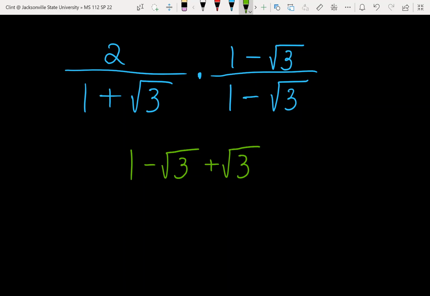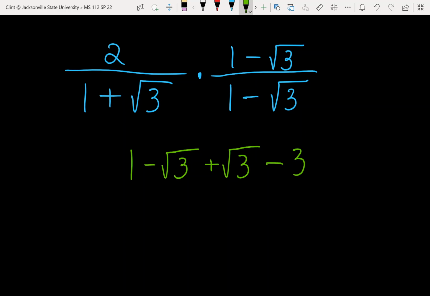And then on the last terms, we have positive square root of 3 times negative square root of 3. We're never going to get a positive, because it's a positive and a negative. And then square root of 3 times square root of 3, you can either think about that as square root of 3 squared, so the squares cancel and we get 3. Or you can think about it as the square root of 9. The square root of 9 is 3.